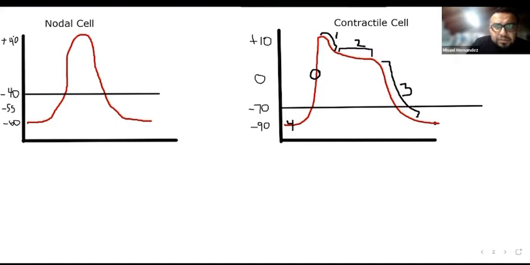And so that allows the electrical current to start moving upward, to start increasing. Now, once it hits about minus 40, that's what we call our threshold.